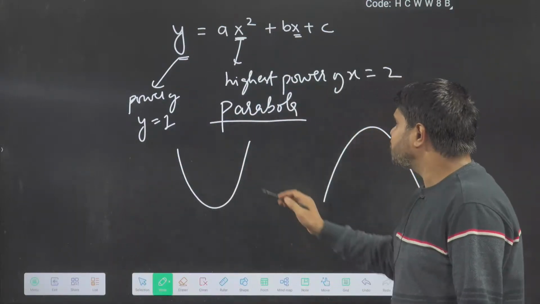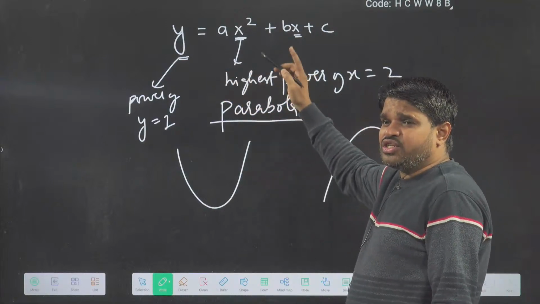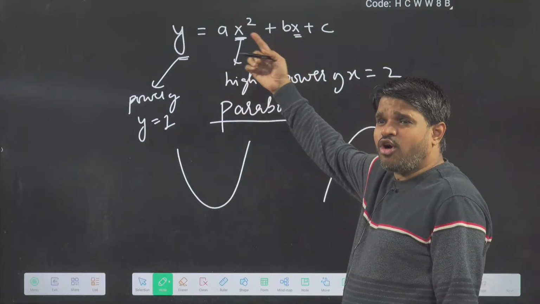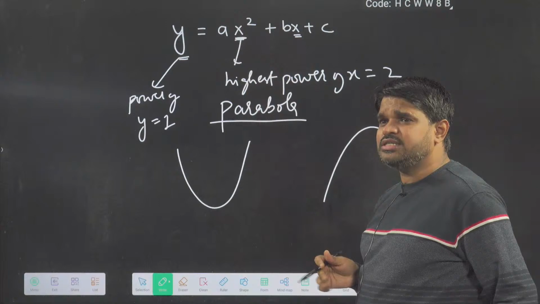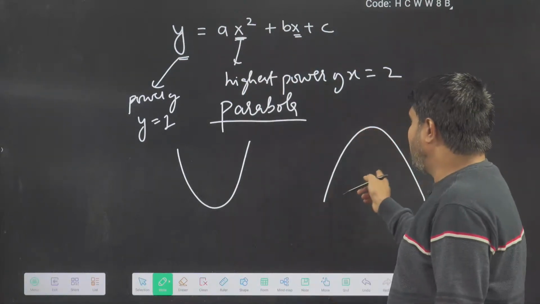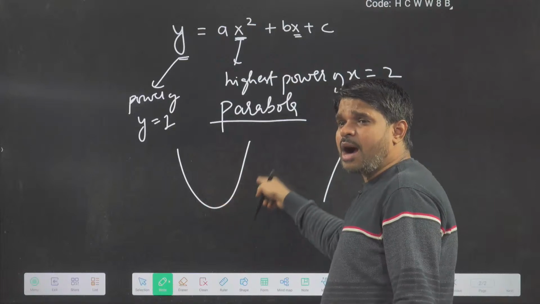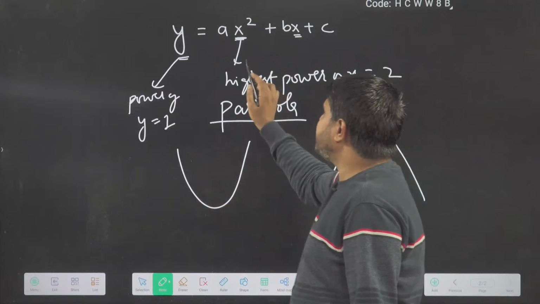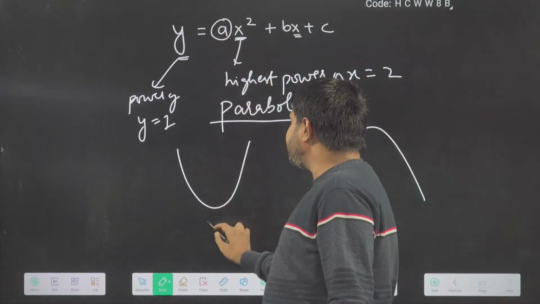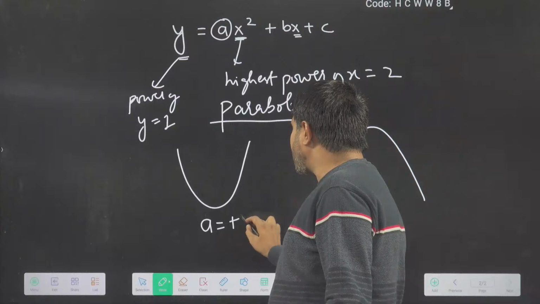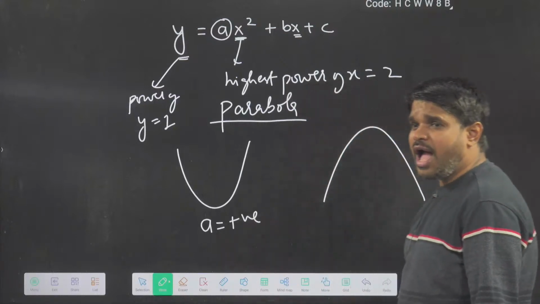Now when you have this kind of equation, x is in square form, y has a single power, then you have these two kinds of parabola. This is called an upward opening parabola. It is possible when the coefficient of x square, a, is positive.